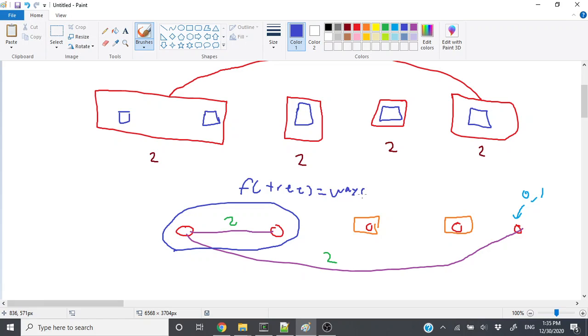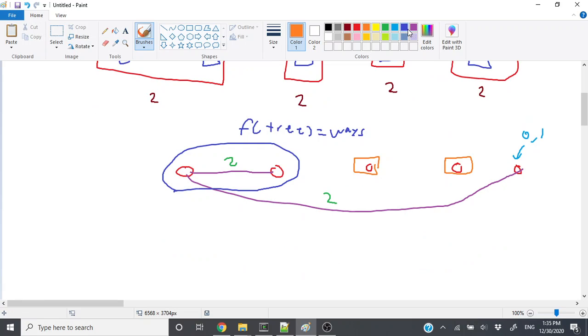But we've shown that every leaf gives us a factor of 2, because if we make this 0, we add f of tree minus this vertex. And if we make this 1, then this is also going to be 1.